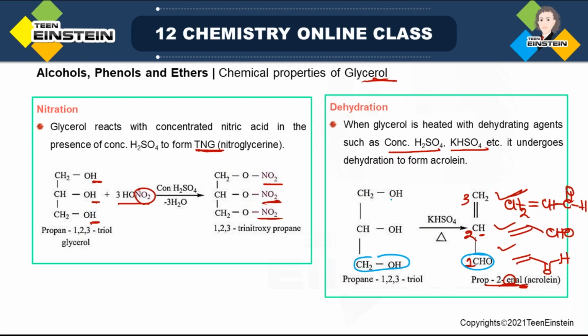But actually what is happening, if you remove this OH and this H, there will be C=C bond formation, right? And if this H and this H are removed, now there will be C=O formation. So both types of reactions are actually occurring, dehydration as well as oxidation, right? Dehydration in this part, oxidation in this part. But we have discussed this under the dehydration category.